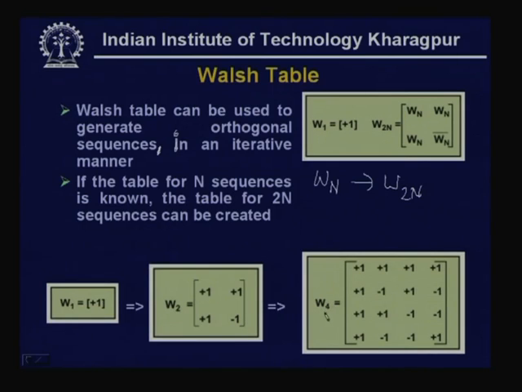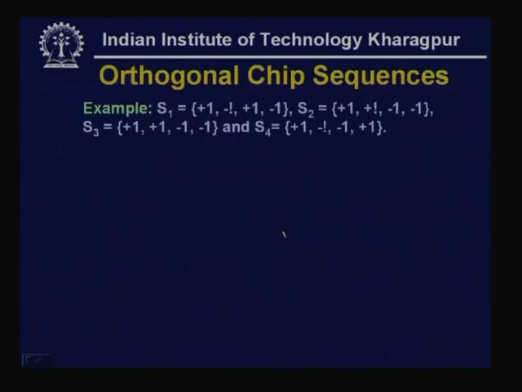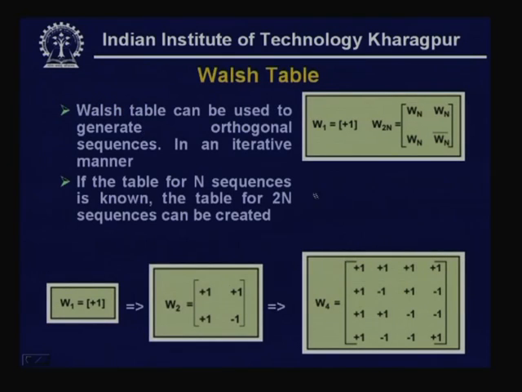Then W4 can be generated from W2. This is how this is being done. Let me show here. So, W4 is equal to, so you have to put this matrix, that means plus 1, plus 1, plus 1, minus 1. Then here also you have to put plus 1, plus 1, plus 1, minus 1.